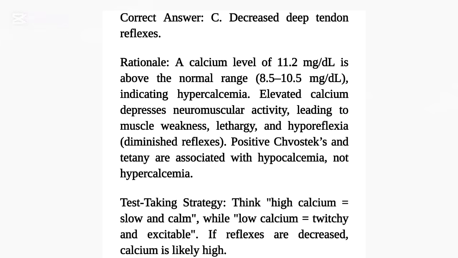Positive Chvostek's and tetany are associated with hypocalcemia, not hypercalcemia. Test-taking strategy: think high calcium, slow and calm, while low calcium, twitchy and excitable. If reflexes are decreased, calcium is likely high.